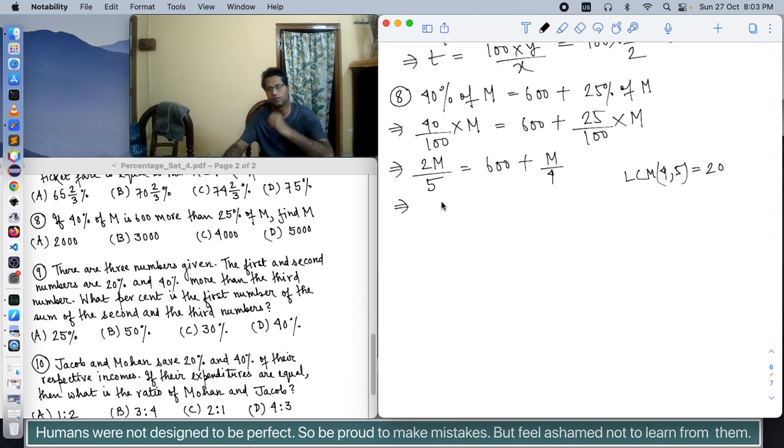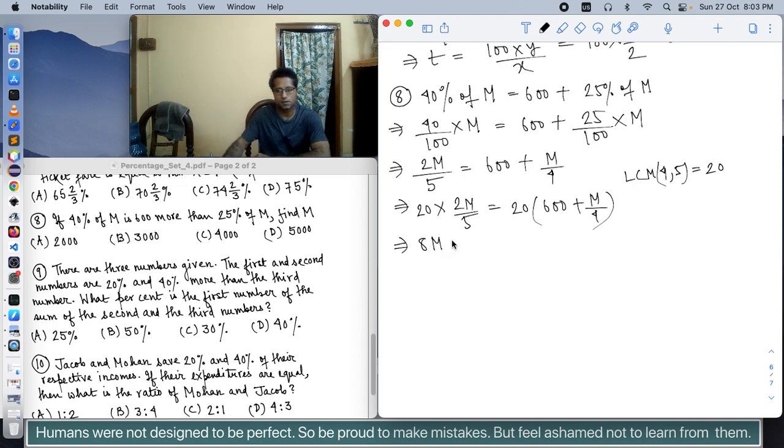We know that as a rule of solving linear equations, you can always multiply both sides of an equation by a non-zero number. So 20 multiplied by 2m by 5 should be equal to 20 multiplied by the right hand side, that is 600 plus m by 4. The left hand side becomes 8m, and the product of 20 and the binomial 600 plus m by 4 becomes 12,000 plus 5m.